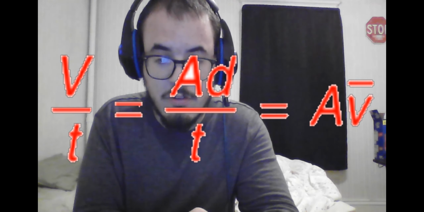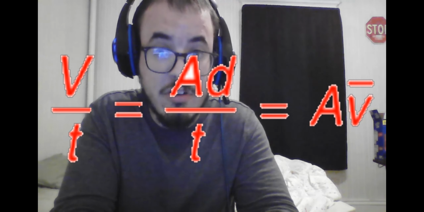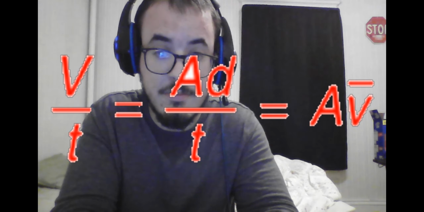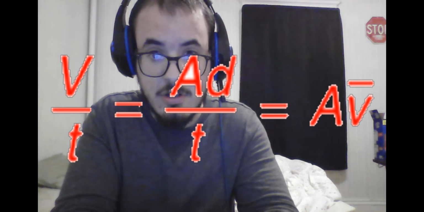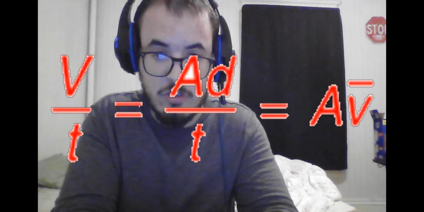So our formula now becomes Q equals A times D all over change in time. And we remember, by the definition of velocity equals change in displacement over change in time, we substitute this in, and our final answer is Q equals cross-sectional area times velocity.